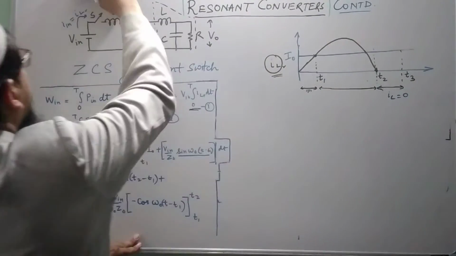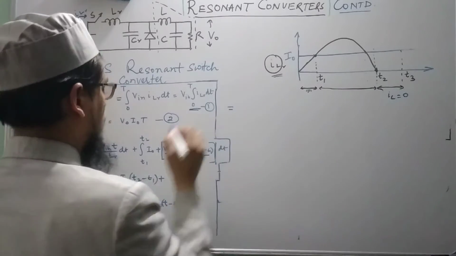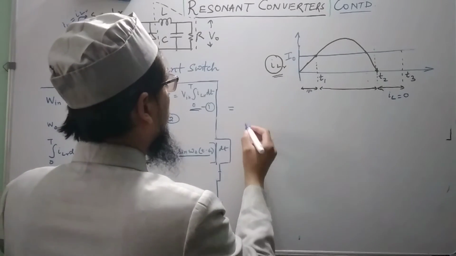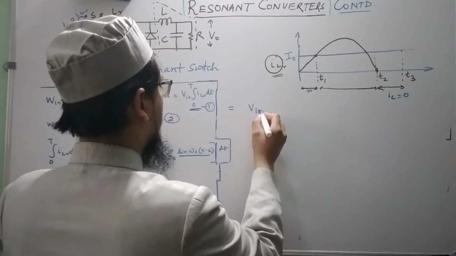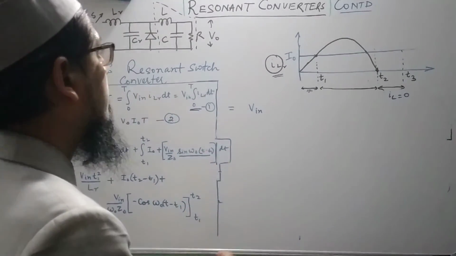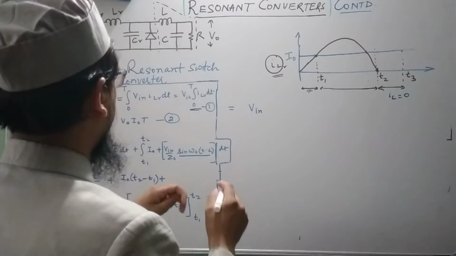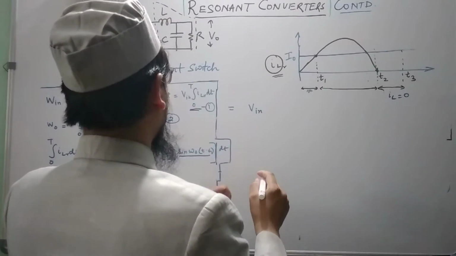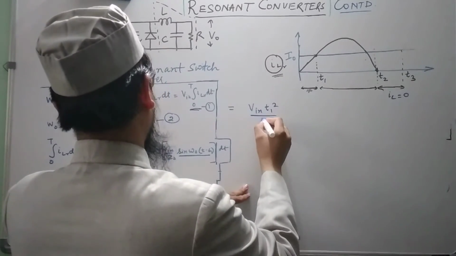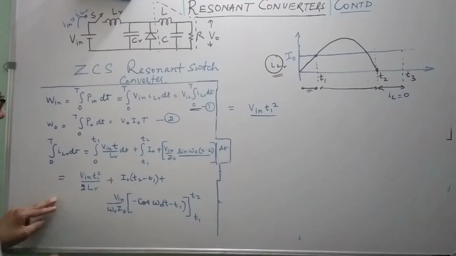Okay. Now, let me write down what is this. Finally, I will get this is equal to. So, if you will integrate it and put these values, and finally, you will get this equal to. So, V in, okay. So, let me write it down, V in T1 square by, okay, one thing I missed here, integration of t will be t square by 2, so 2 term will also be here.